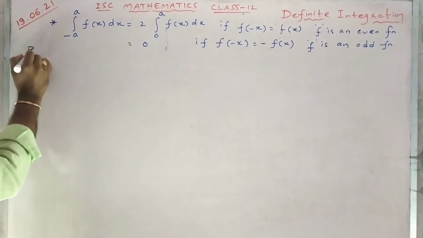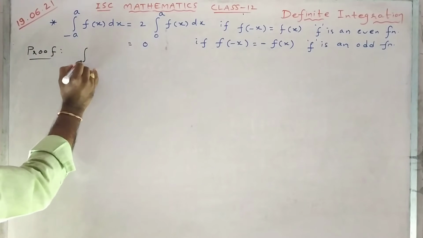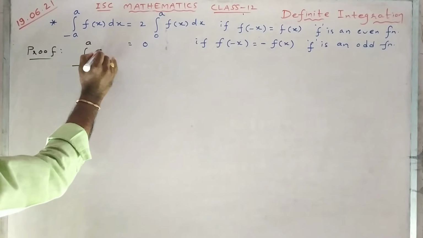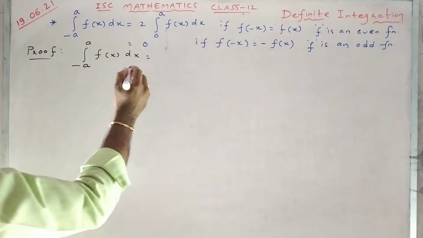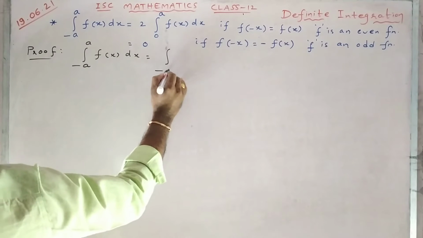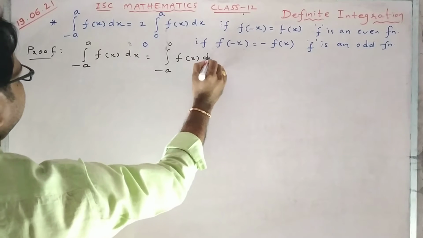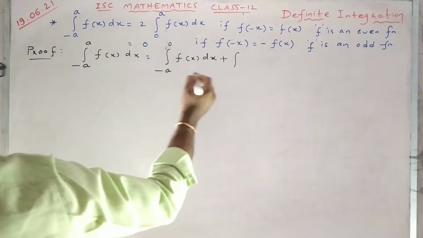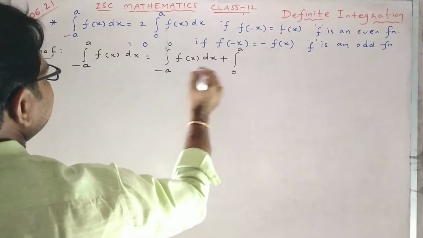Let me see the proof for this. We have integral from minus a to a of f of x dx equal to, as per property 3, we can split this integration: integral from minus a to 0 of f of x dx plus integral from 0 to a of f of x dx. In between I am taking 0 here.